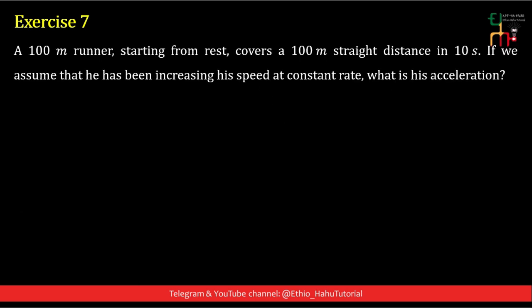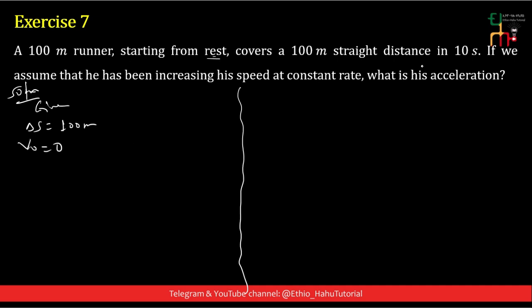Next, a 100 meter runner starting from rest covers a 100 meter straight distance in 10 seconds. If we assume that he has been increasing his speed at a constant rate, what is his acceleration? Given that the distance traveled by the runner is 100 meter and he starts from rest, v0 is equal to 0.